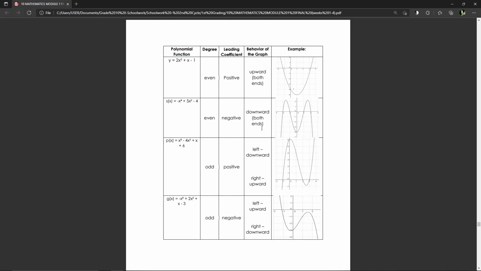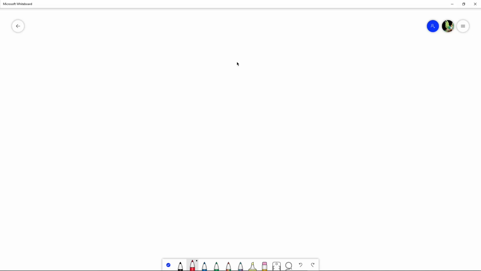So you may ask, why would we need to learn that? Because that's how the behavior of the graph would be formed. So if you have a degree of an even exponent, and a leading coefficient which has a positive sign, the behavior of the graph would be upward, which means this.